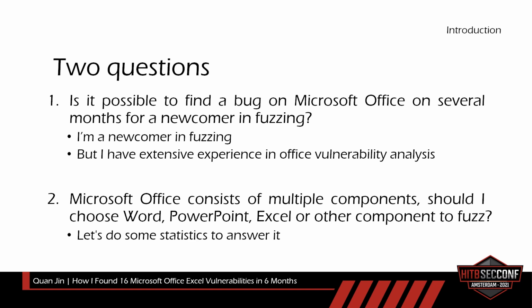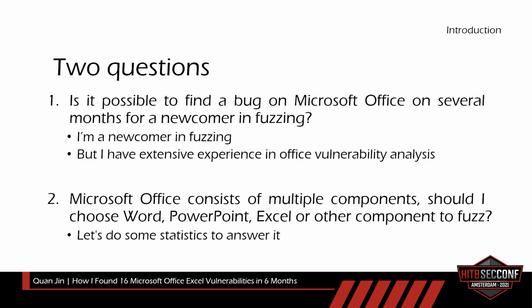Should I choose Word, PowerPoint, Excel, or other component to fuzz? Let me first answer the first question. I am a newcomer in fuzzing, but I have extensive experience in Office vulnerability analysis, so it's possible for me to find a bug in Microsoft Office.